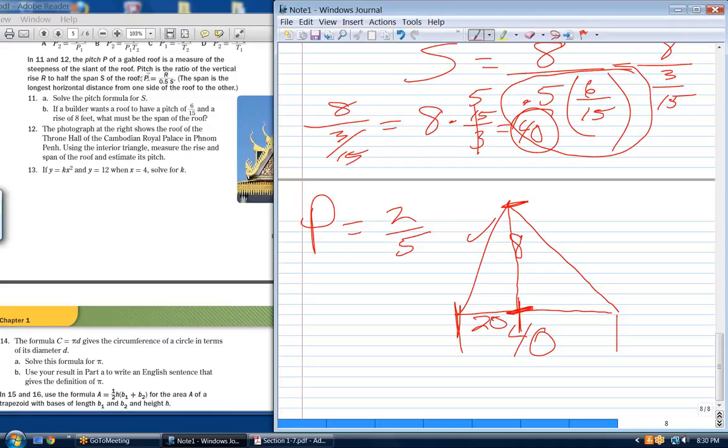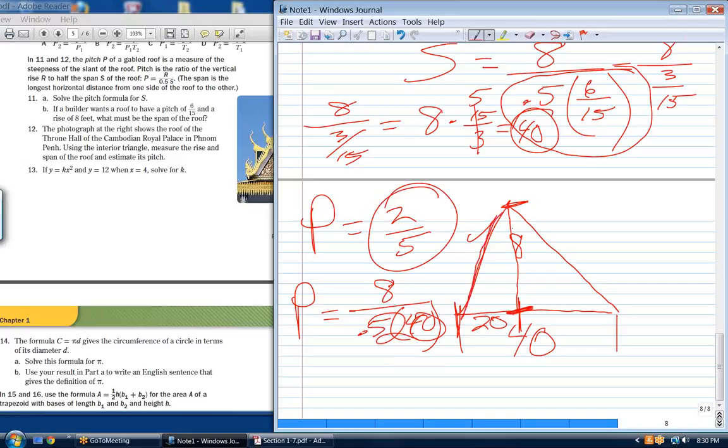Now, let's go back and just make sure I'm understanding my terminology right here. Is the pitch 2/5? Well, the rise is 8, half the span, half of 40 is 20, 8/20 is the same as 2/5. So the pitch is 2/5. But notice the pitch is the slope of that line, and the slope of that line is rise over run, 8 divided by 20.